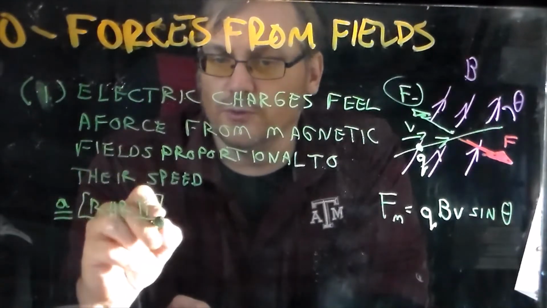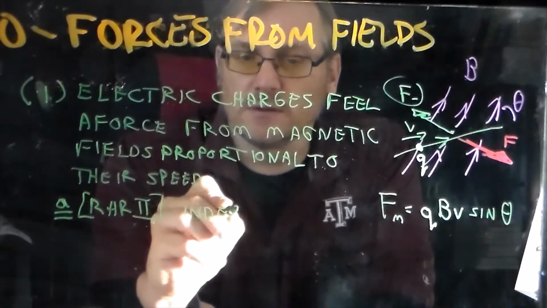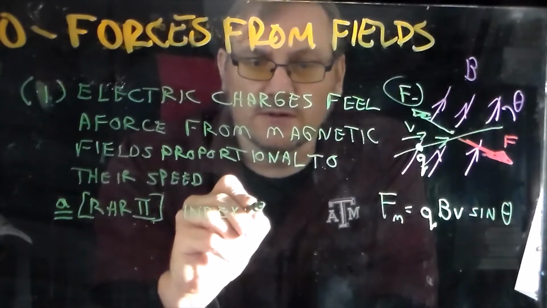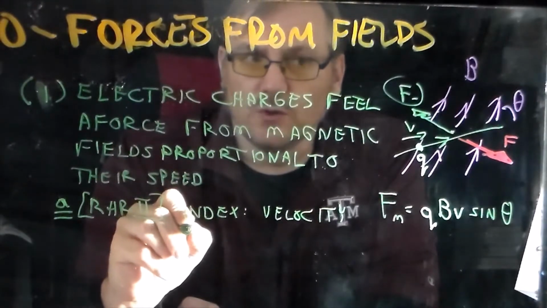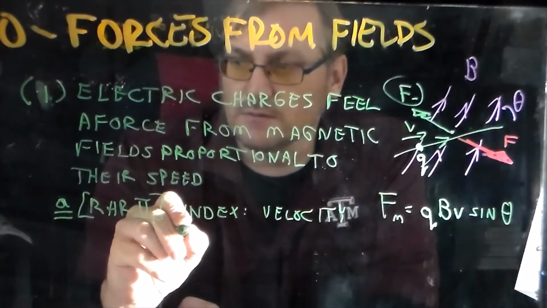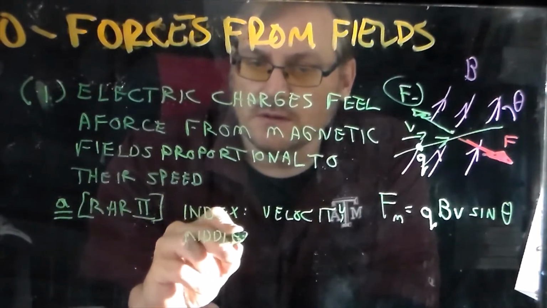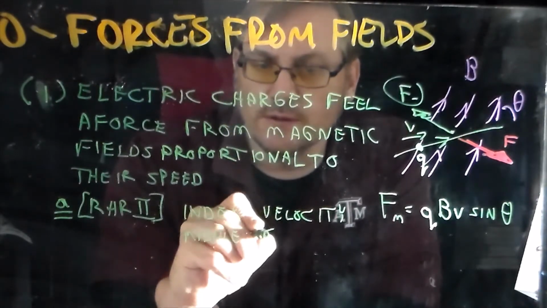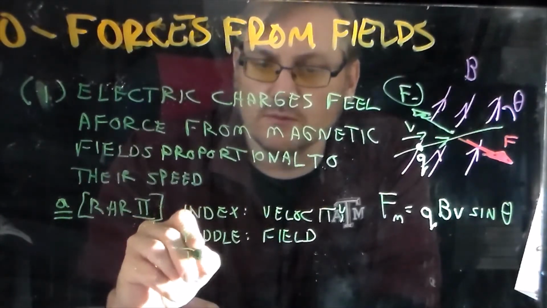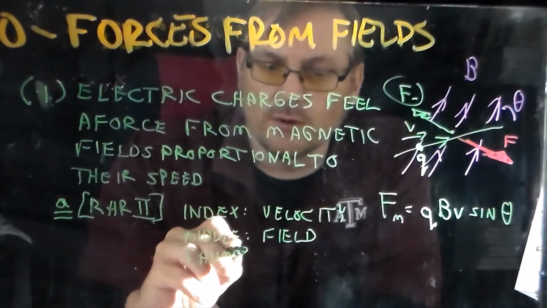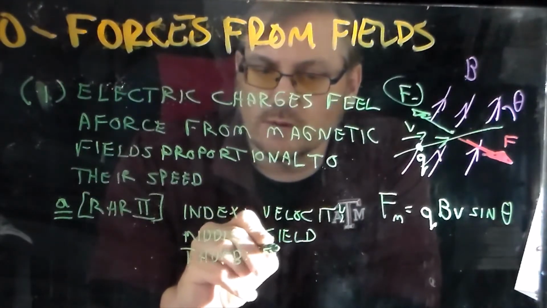We'll do right-hand rule 2, which says that if your index finger points in the direction of the velocity, and your middle finger points in the direction of the field, then your thumb, which you stick out perpendicular to your fingers, is going to go in the direction of your force.